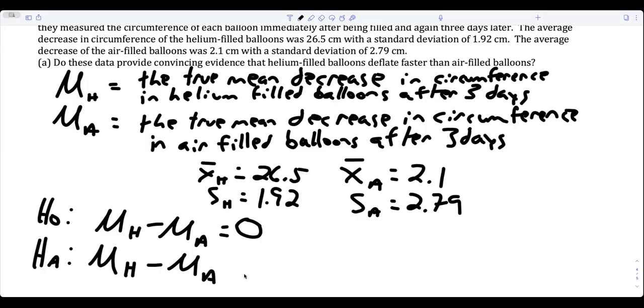And so this is going to be greater than 0 because I'm measuring the amount that it decreased. And so if helium is greater than air, which is what the stem of the problem said, then this will be a positive value because the helium decreased more, if that makes sense.